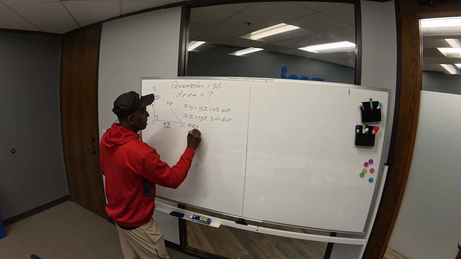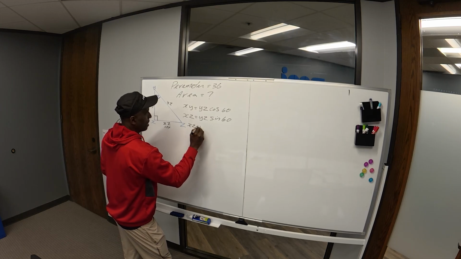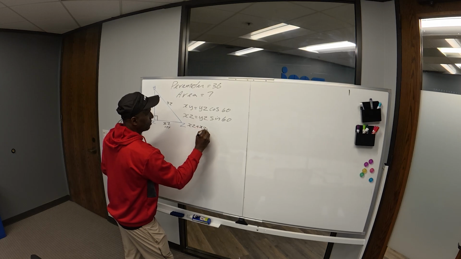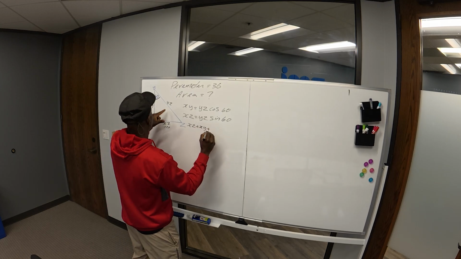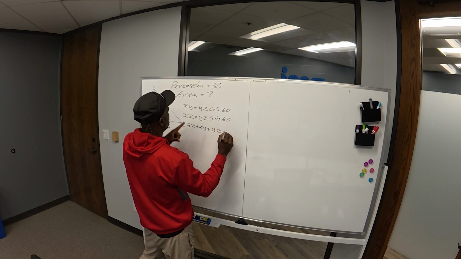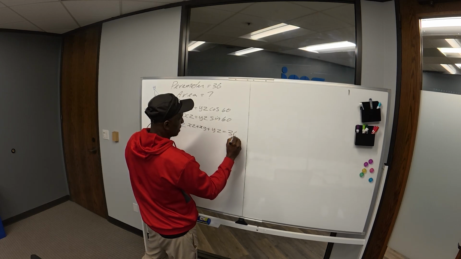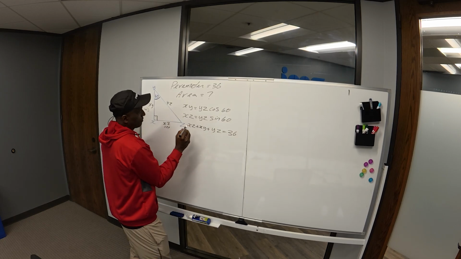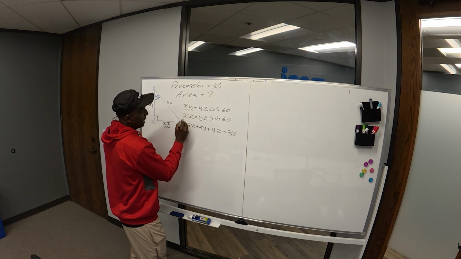We also know that the perimeter of a triangle is XZ plus XY plus YZ. Now that's equal to 36. Let's substitute for XY and XZ.